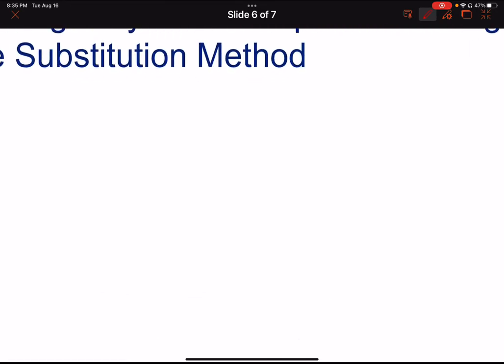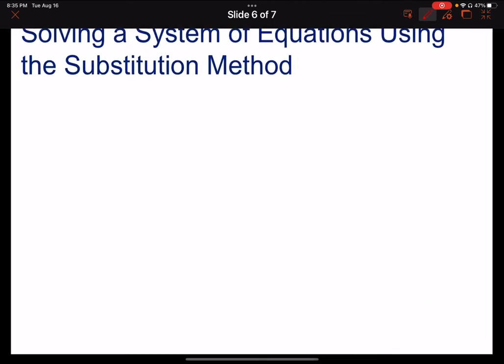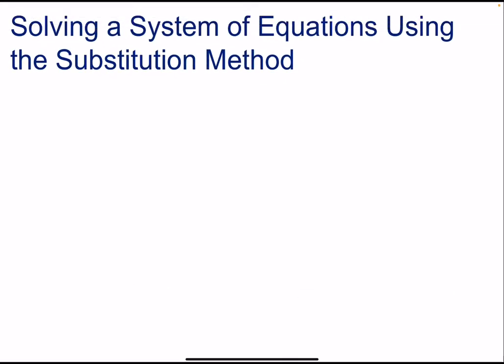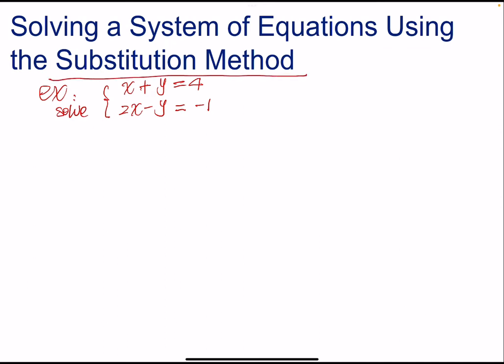Example: I want to solve the system x plus y equals 4 and 2x minus y equals negative 1. We want to solve this by the substitution method. Again, equation 1, equation 2.